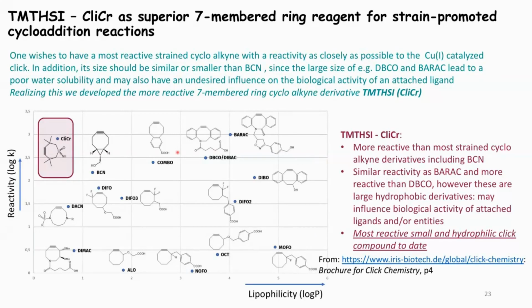And this is the reagent which we have here. As you can clearly see, it is more reactive than most strained cycloalkyne derivatives. It's actually coming very close to BARAC, but it has the advantage of being less hydrophobic. It's relatively hydrophilic if you look at the scale of lipophilicity, which is determined by the log P.